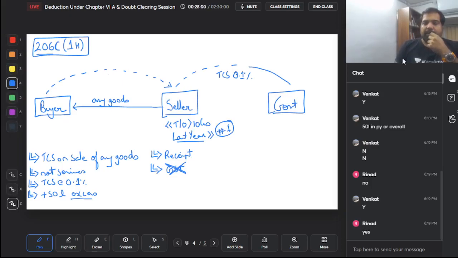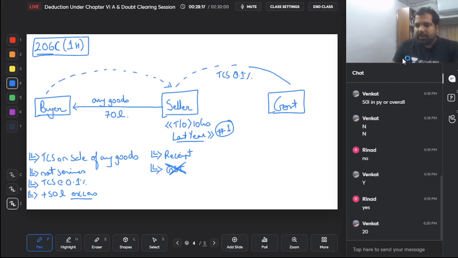Guys, now let's say someone has given you an order of 70 lakhs. So what is the order for? Overall order, one order only, overall 70 lakh rupees. So please tell me, guys, are you going to charge him 70 lakh rupees? Obviously. Now, will you also charge him GST? Yes.